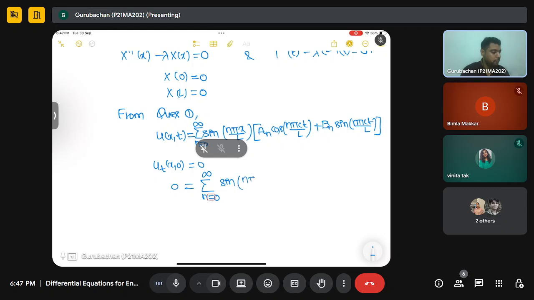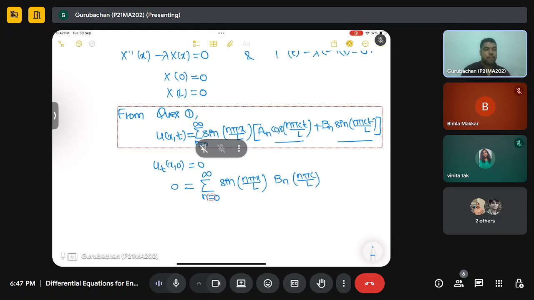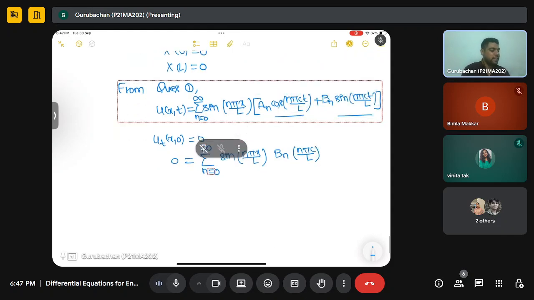When you differentiate with respect to t, the a_n term will become sine, and sine 0 is 0, so we will not bother about it. We only take care of the term b_n n pi c by L cos(n pi c t by L). When you put t equal to 0, this gives the value 1. So you will get this series equal to 0.